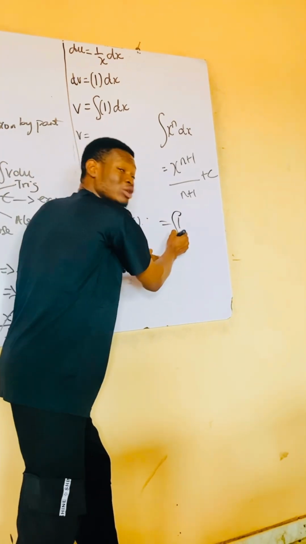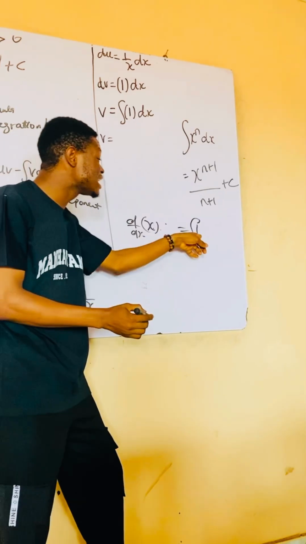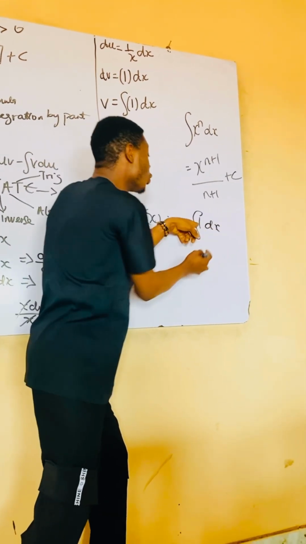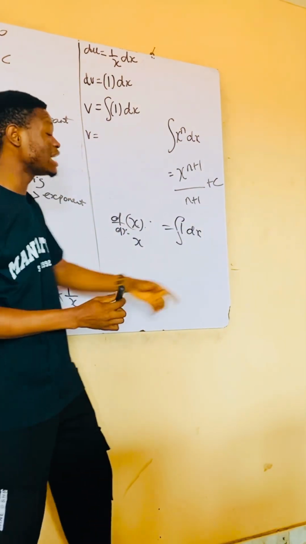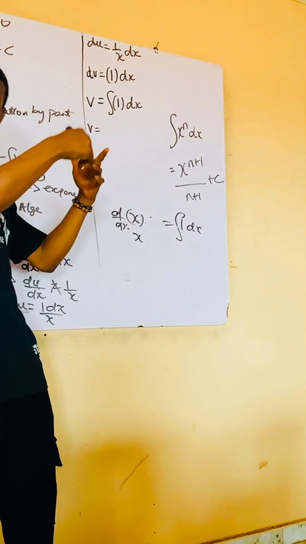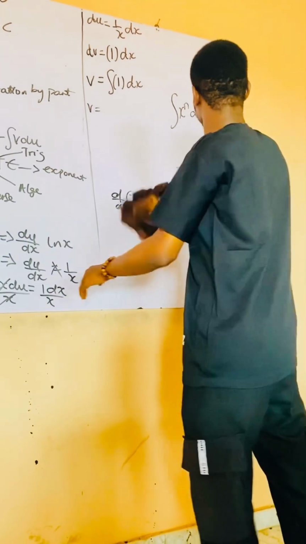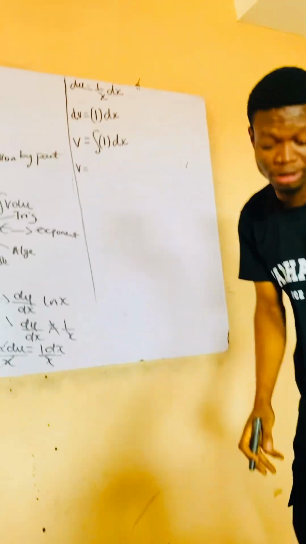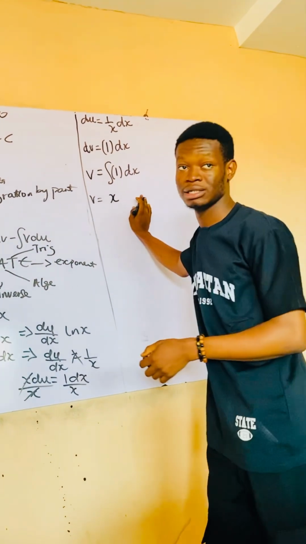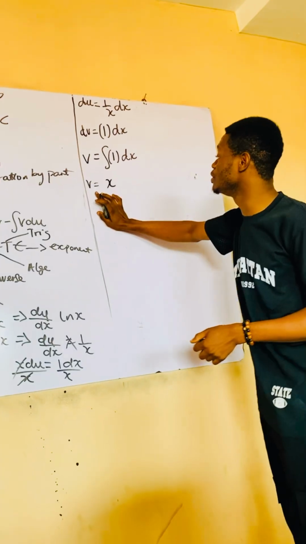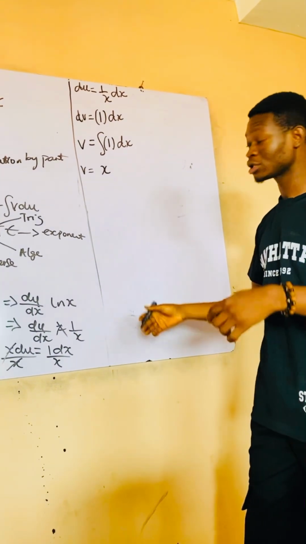Now, integration is the reverse of differentiation, so integrating 1 with respect to x will give you back x. Do you get it now? So the integral of 1 is x. It's supposed to be x plus c, but let's leave the c and put it in after.